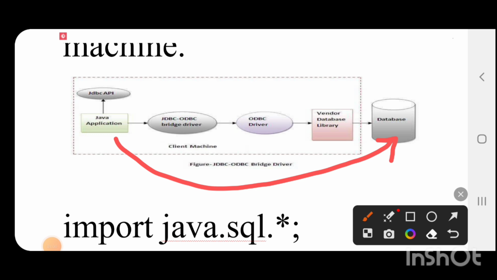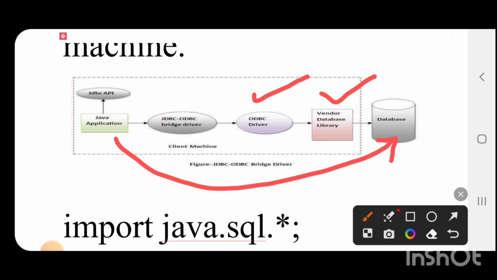So what is required in the JDBC bridge driver? The ODBC driver is required, which is in the client machine, and that will convert all the JDBC calls into ODBC function calls. Also, it requires the vendor database library. This one is the old database driver, and it was used before Java 8.